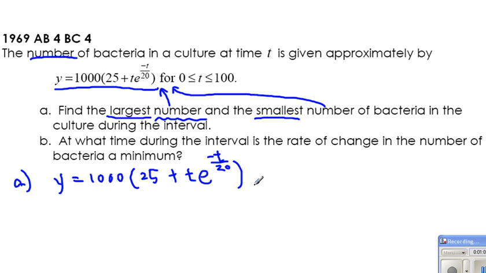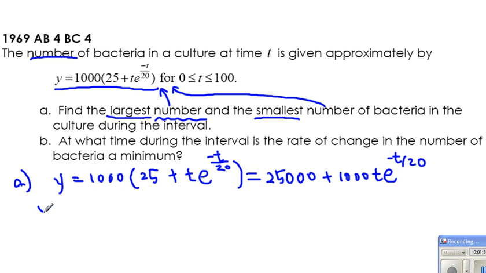Even though this expression looks somewhat complicated, if you actually do it, it may not be that bad. First, I'm going to distribute 1000: 25,000 plus 1000 t times e to the negative t over 20.